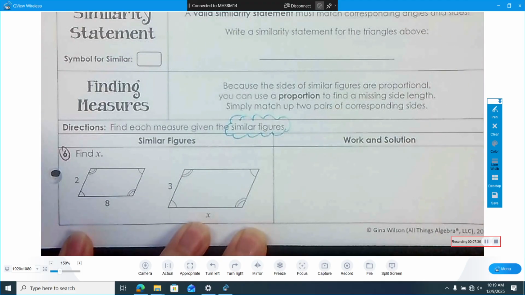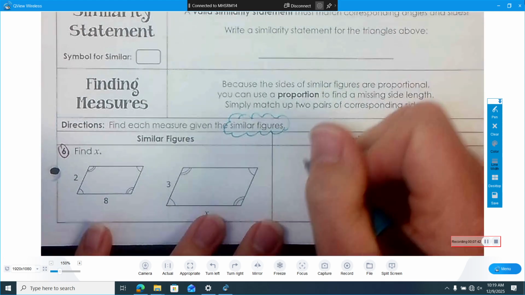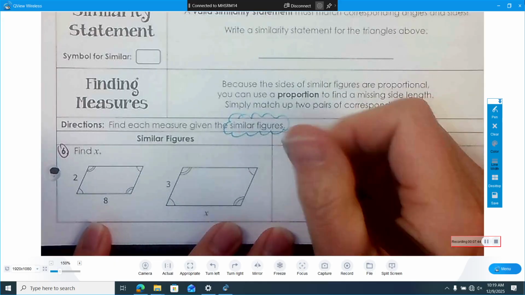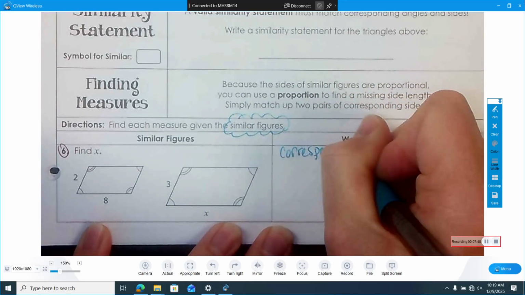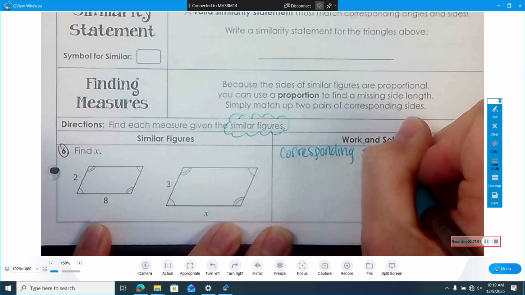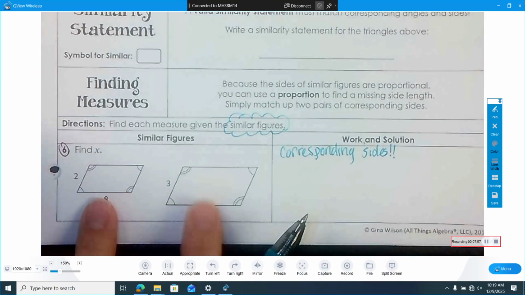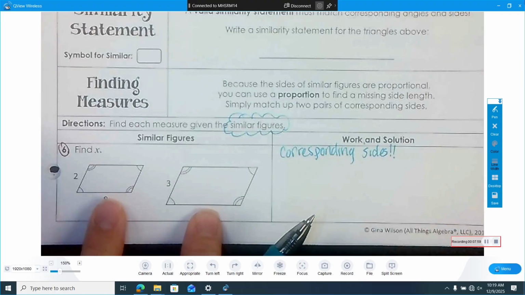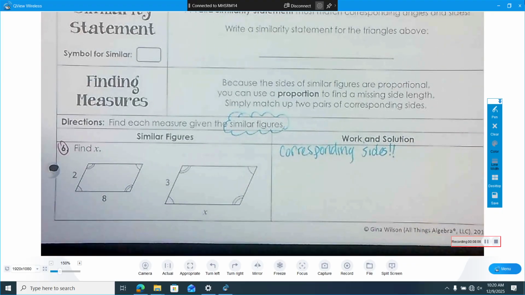It's really important they're telling us we have similar figures. Because we have similar figures, I need to look at all the corresponding sides. That's what we care about when we have similar figures. So these two figures, these are quadrilaterals. These two figures have been oriented the same way, all right? It's very helpful for us.